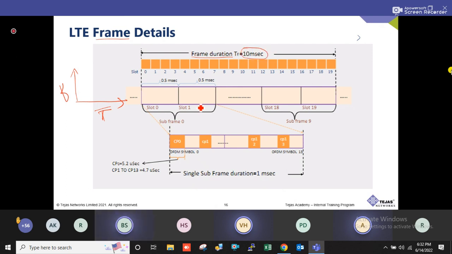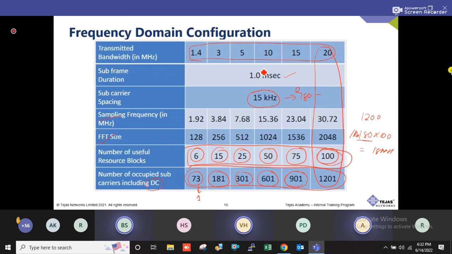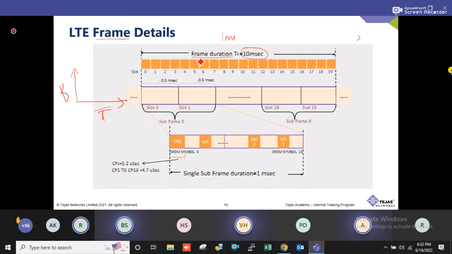Okay. The 10 millisecond frame is divided into 1 millisecond subframes. You can see here in the earlier slide, as we mentioned, the subframe. That means a frame of 10 millisecond is divided into 1 millisecond, so we have totally 10 subframes.